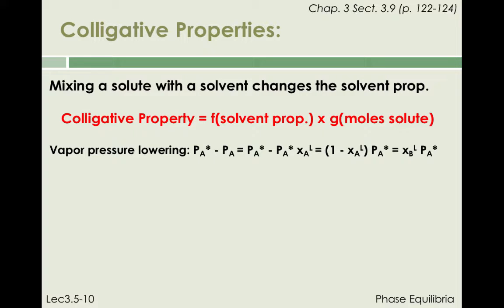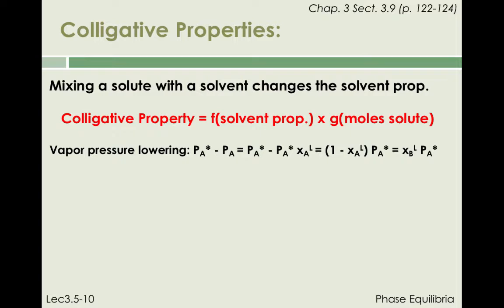The simplest example of colligative properties is the lowering of the solvent vapor pressure, observed when adding a solute to a solvent. Using Raoult's law for the almost pure solvent, the difference between the vapor pressure of the pure solvent, Pa star, and the partial vapor pressure of the solvent above the solution, Pa, is written as Pa star minus Pa star XAL, which is equal to Pa star times 1 minus XAL, which we can write as XBL times Pa star.